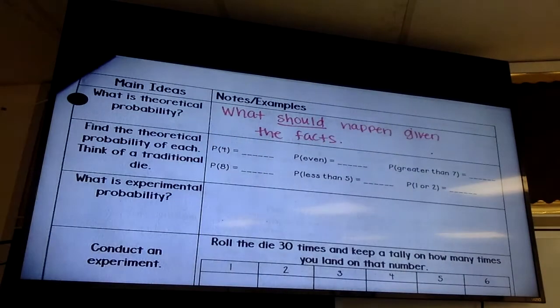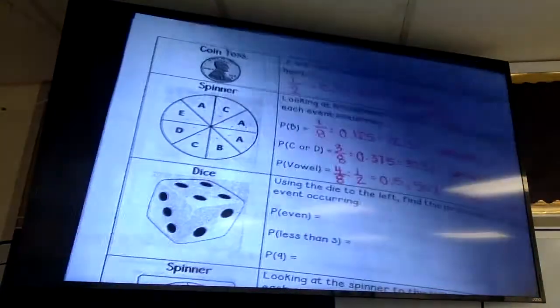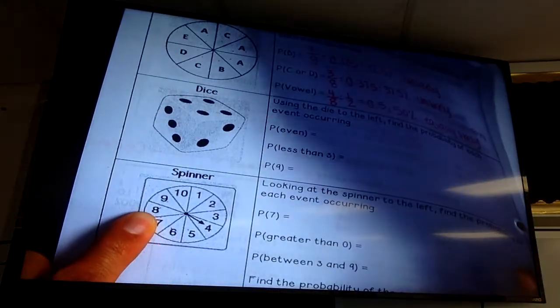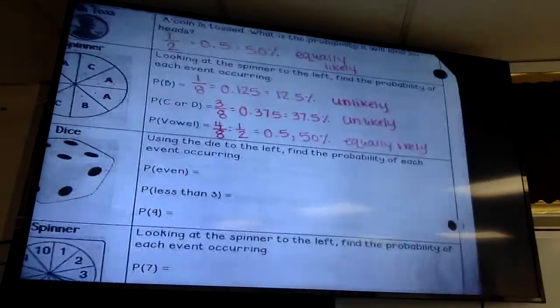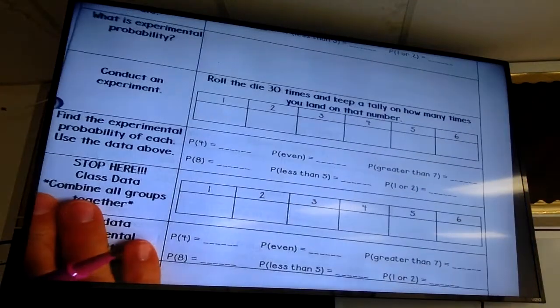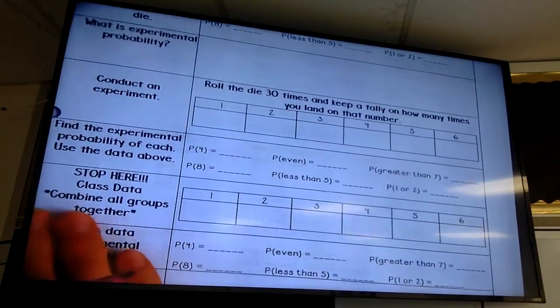I know I should flip heads half the time and tails half the time. I should roll a 1 on a die 1/6 of the time. I should, on this one, spin an 8 1/10 of the time. That's what should happen. But a lot of times, what should happen doesn't match what does happen.